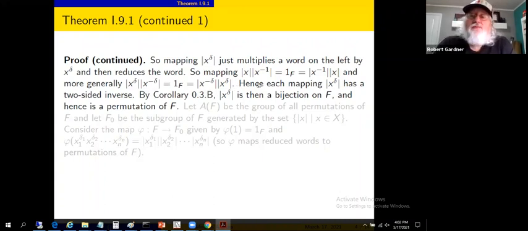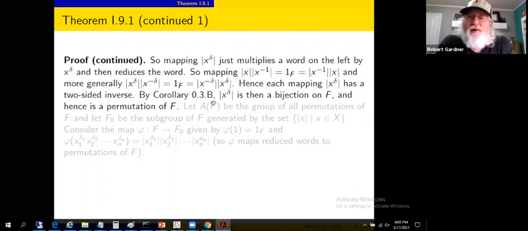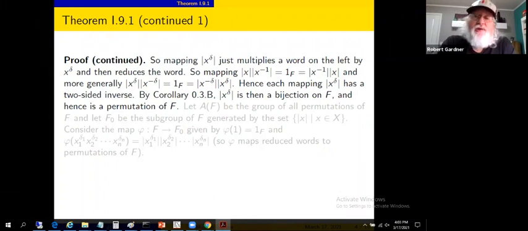So each mapping, x to the delta, has a two-sided inverse. Absolute value of x to the negative delta is a two-sided inverse. Corollary 0.3.b says if you have a mapping with a two-sided inverse, then that mapping is a bijection. So all these things we define, these absolute values of x to the delta, are bijections on F of X. And so they're a permutation on this set of reduced words.